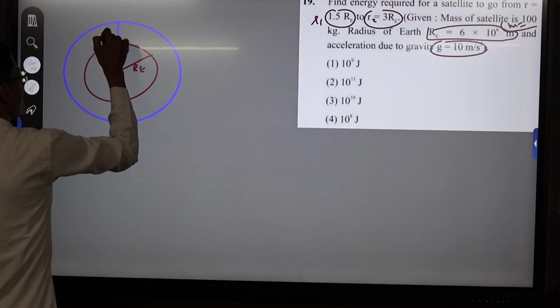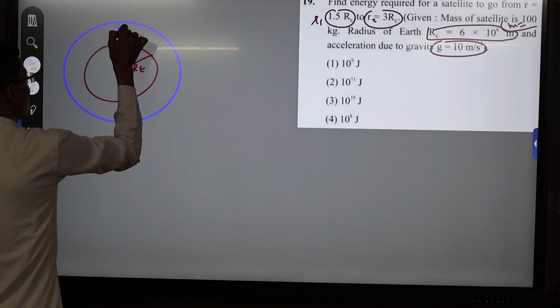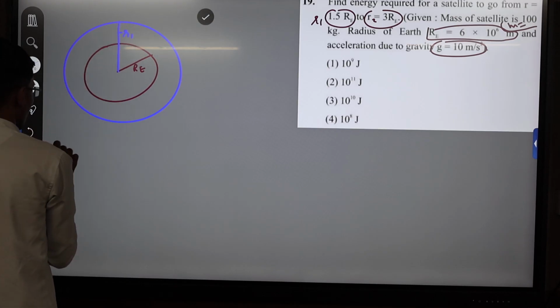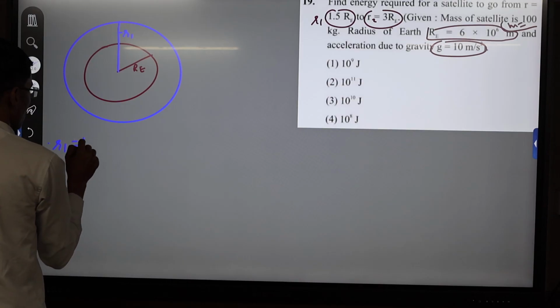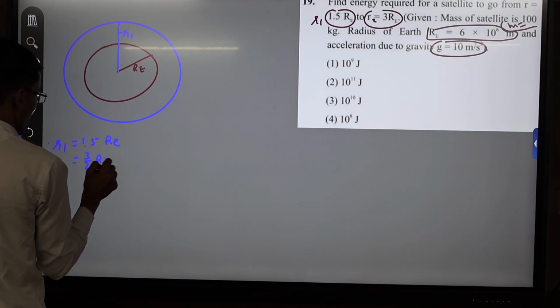Let us say this is radius R1, and R1 is equal to 1.5 RE, which is 3 by 2 RE.